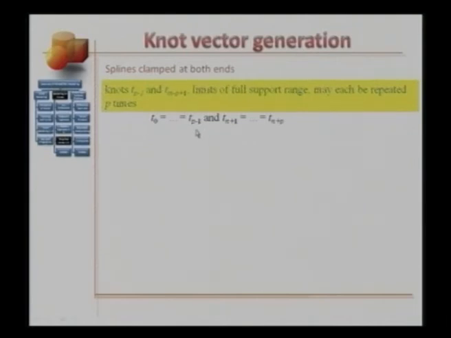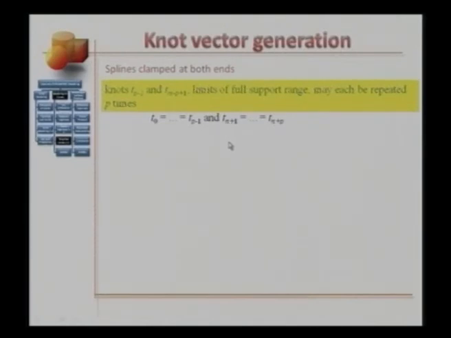So these are the first P knots which are equal, and Tn plus 1 equals Tn plus 2 equals Tn plus 3 up till Tn plus P. These are the last P knots which are equal. Note that n will be equal to m minus p. Okay, so here we have determined P plus P, 2P knots in total. So this would correspond to a free choice for me, and again this would correspond to another free choice.